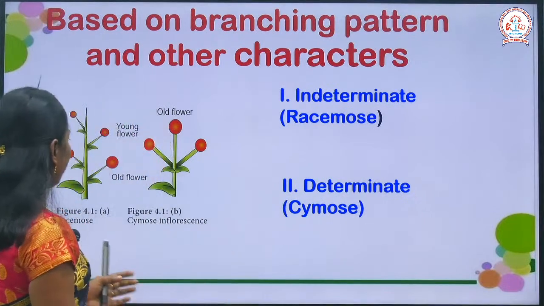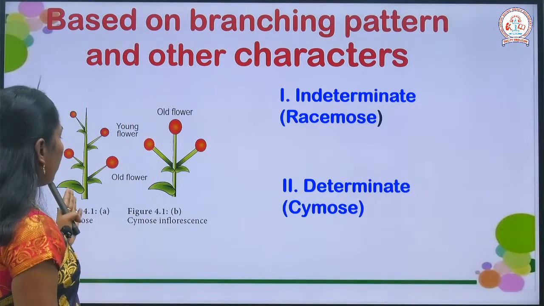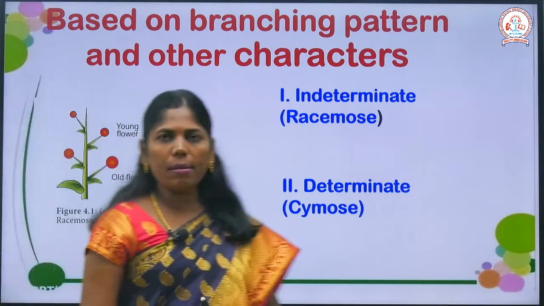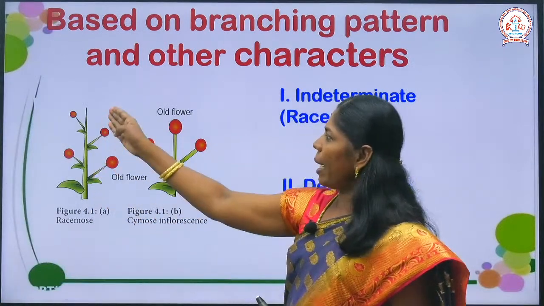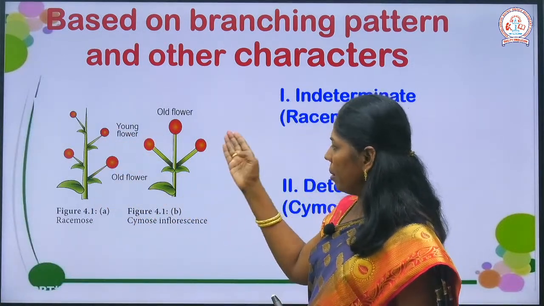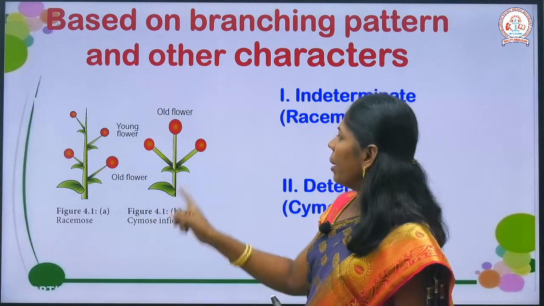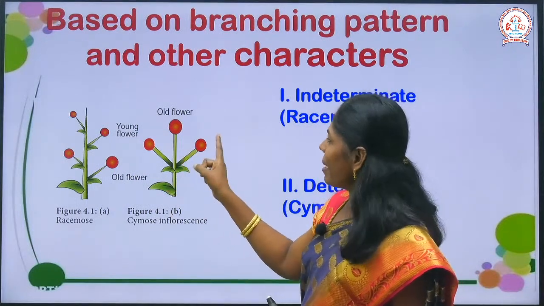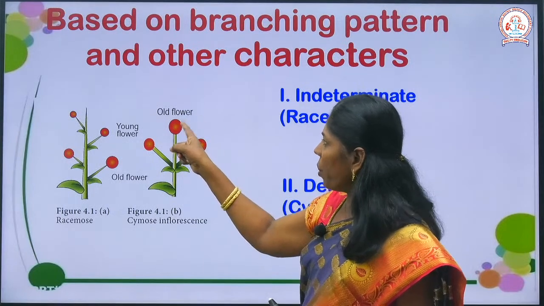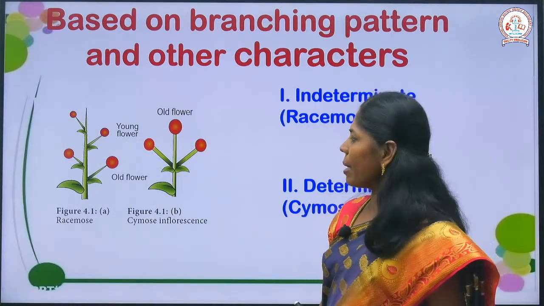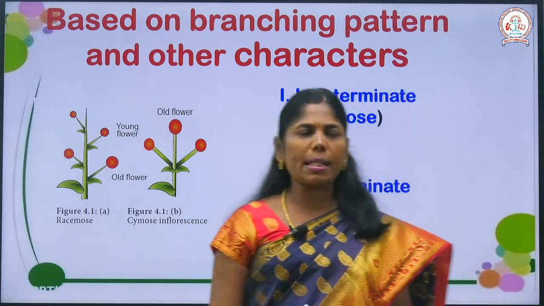So, what is the character of the Racemose? The older flowers are in the basal region and the younger flowers in the apex region. Cymose inflorescence means that on either side we can see the younger flowers, and we can see the older flowers in the tip region. That is the Cymose manner, and that is the Racemose manner.